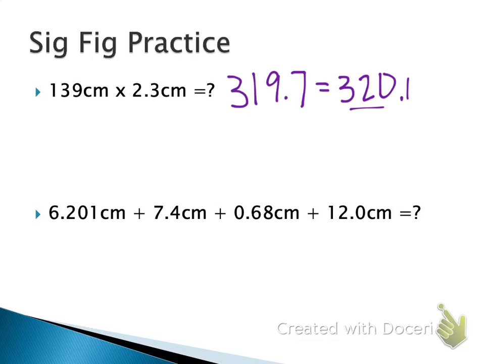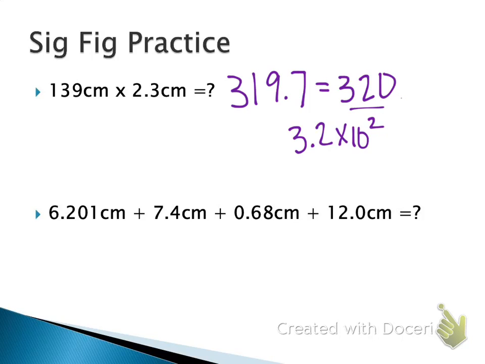If there was a decimal here, that would count. Okay? So 320 won't work, so my answer needs to be 3.2 times 10 to the second. Right? How many of you got all the way to the scientific notation part? Good. How many of you left it at 320? That's okay. That's fine. I did this one on purpose because that's always something that happens.